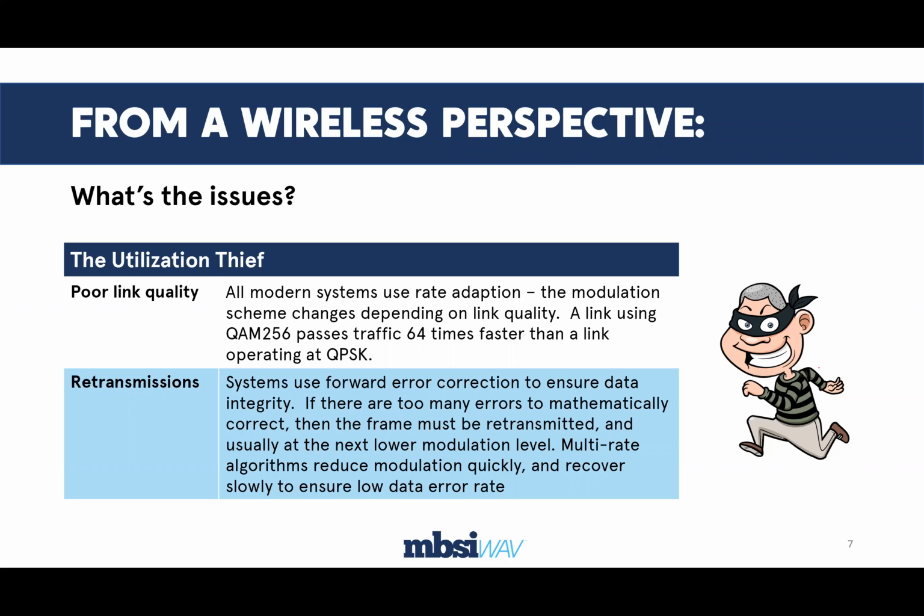The first one is poor link quality. All modern systems use rate adaptation, which means that the modulation level or the modulation scheme or the modulation itself changes depending on the link quality. We call it modulation scheme because there's forward error correction built into every level of modulation on every broadband device.